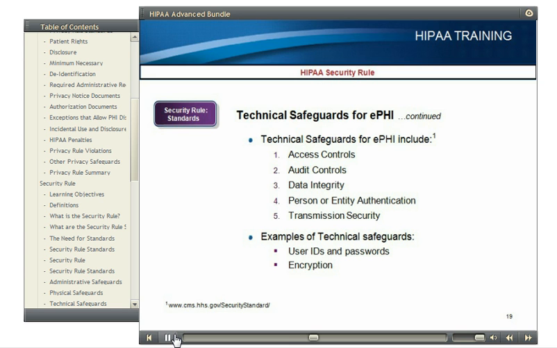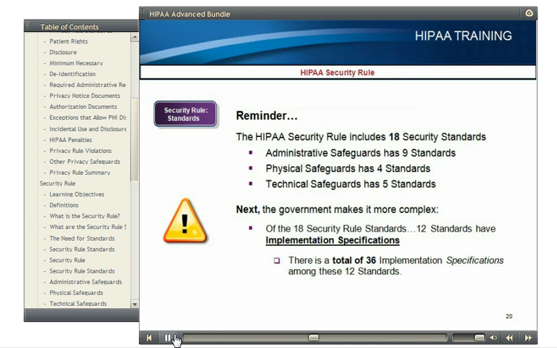Examples of technical safeguards: user IDs and passwords, encryption. Reminder: the HIPAA security rule includes 18 security standards. Administrative safeguards has 9 standards. Physical safeguards has 4 standards. Technical safeguards has 5 standards.